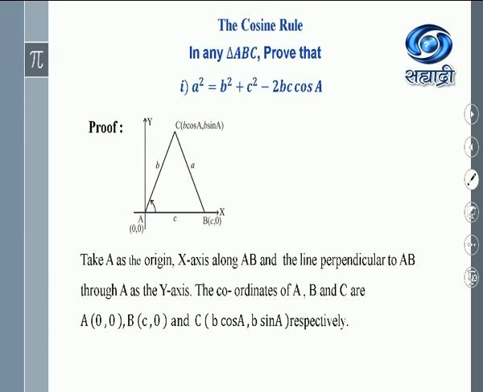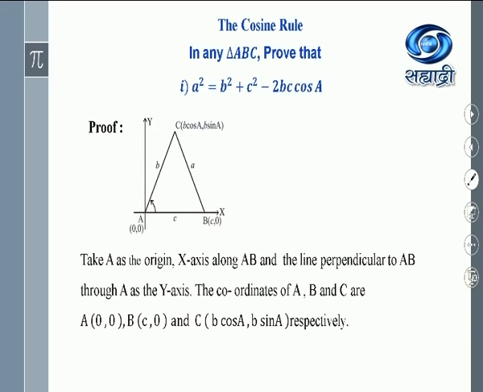Now, again the trick I will tell you: whenever you are trying to prove A square is equal to, then take the vertex or the angle A at the origin. The vertex always at the origin. If you want to start with B square is equal to, then take the vertex B at the origin. If you want to prove the third one, C square is equal to, then take C at the origin. So in this way you will have to remember with which step you will have to start the proof.